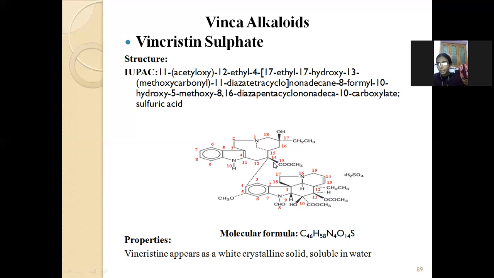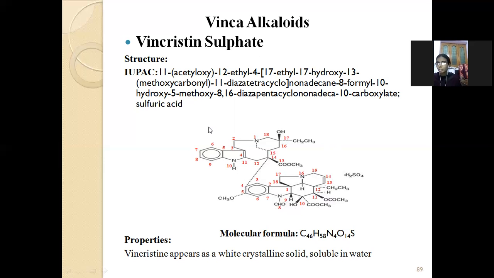In the 11th position acetyloxy is present, in the 12th position ethyl, in the 4th position this group is attached, that is 17 ethyl, 17 hydroxy, 13 methoxycarbonyl, 11 diazotetracyclononadecane, 8 formyl, 10 hydroxy, 8 16 diaza, pentacyclononadecane, and 10 carboxylate sulfuric acid.